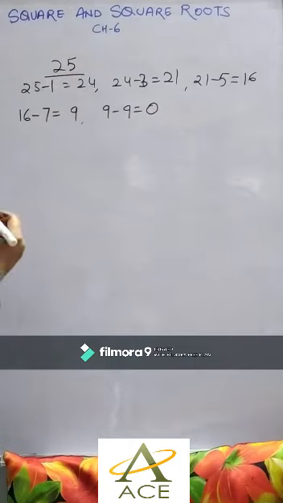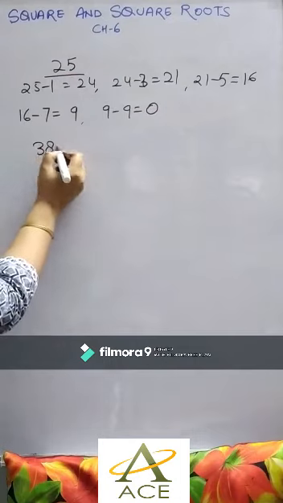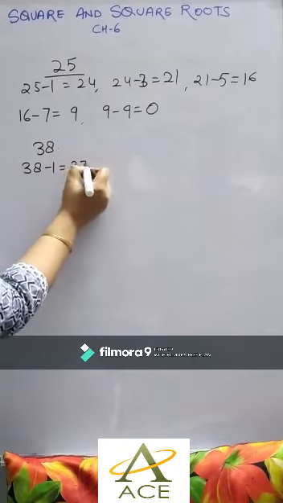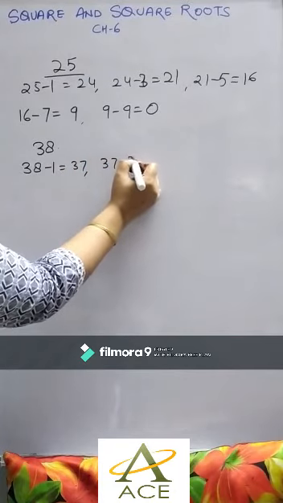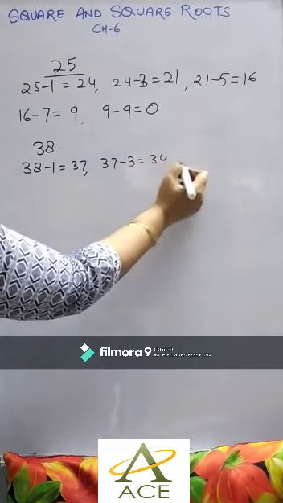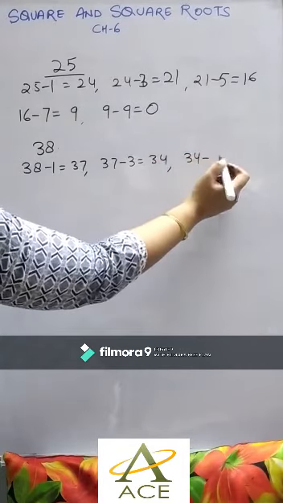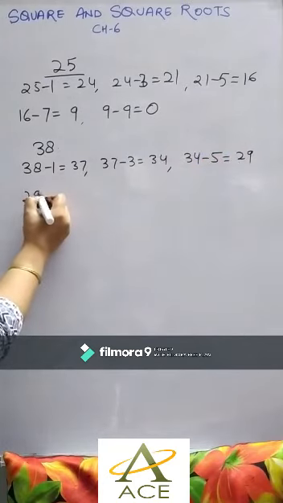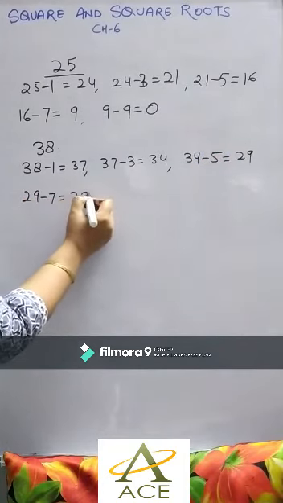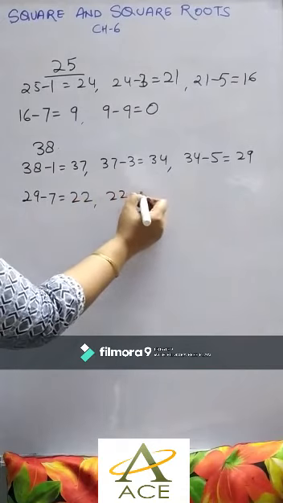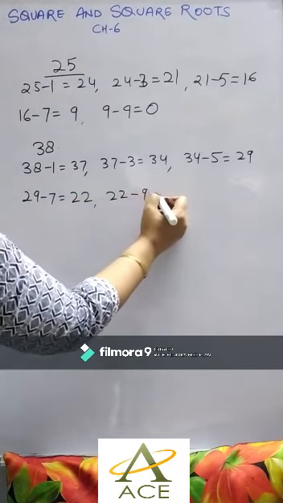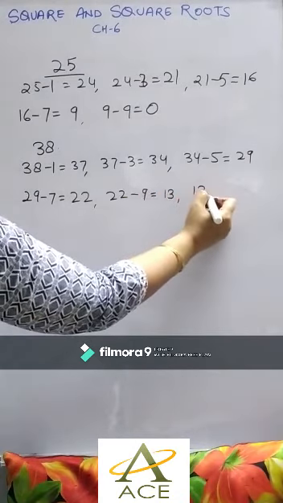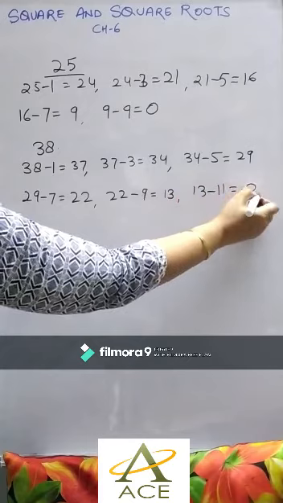We can take another example. Suppose the number is 38. Now 38 minus 1 equals to 37. 37 minus 3 equals to 34. 34 minus 5 equals to 29. 29 minus 7 equals to 22. 22 minus 9 equals to 13. 13 minus 11 equals to minus 2.